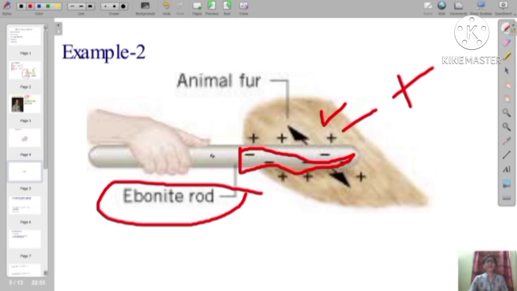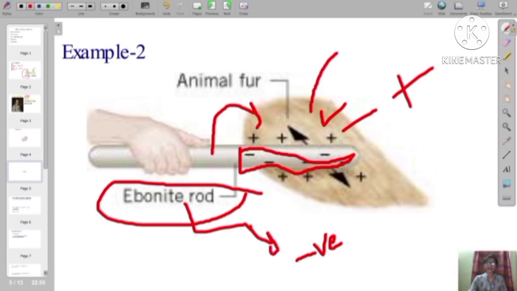By transferring some of the positive charges from the ebonite rod to the fur, the ebonite rod acquires negative charge. And by transferring some of the negative charges to the ebonite rod, this fur will acquire positive charge. So fur gains positive charge and ebonite rod gets negatively charged.